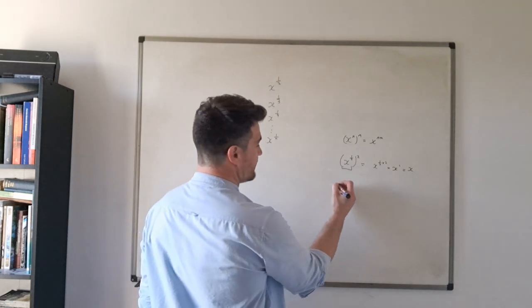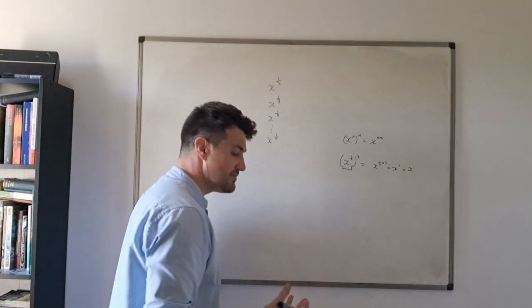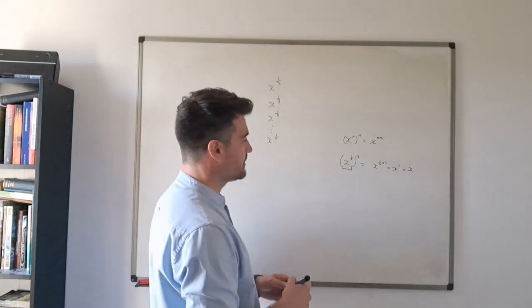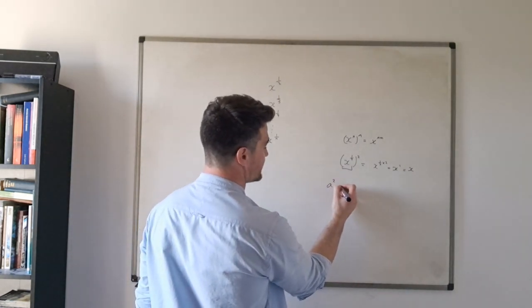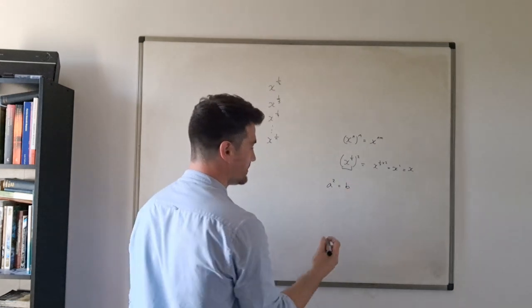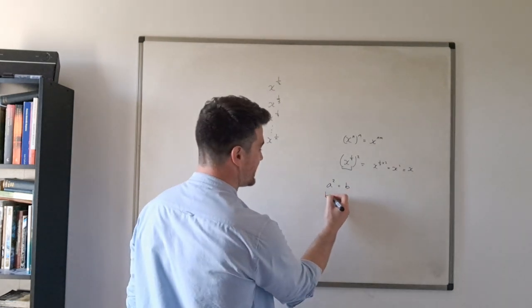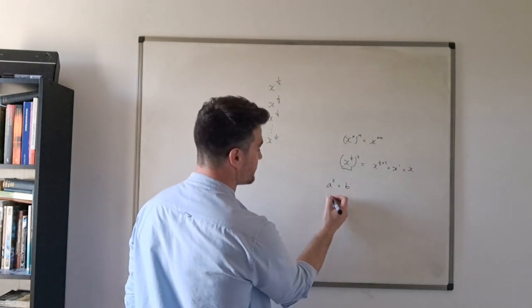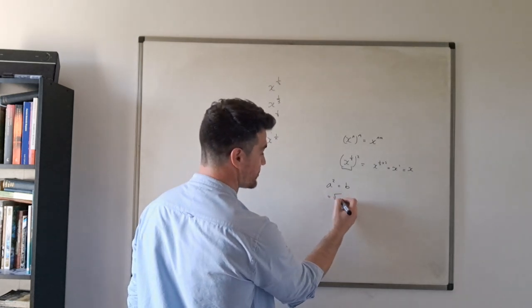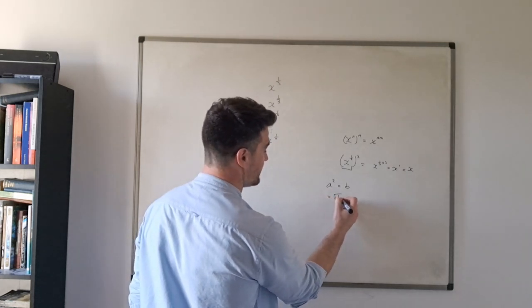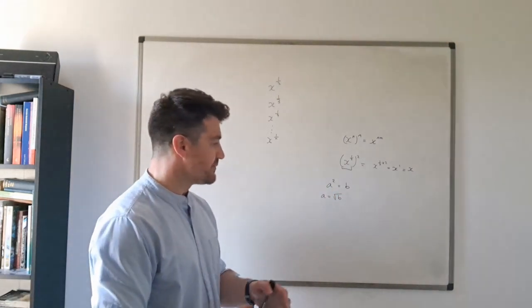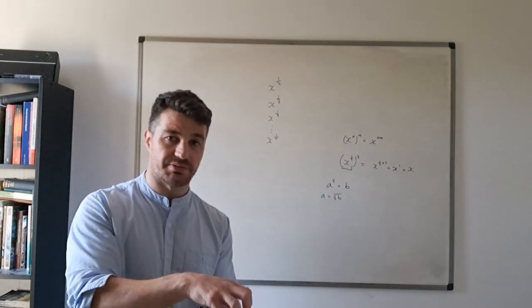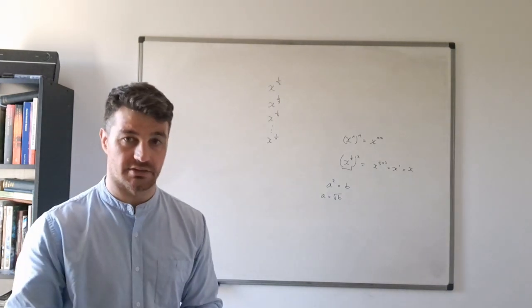Why so? Because what do we mean by, well, if we've got a number a squared equals b, then that means that a is equal to, by definition, the square root of b. The square root of b is that number which, when multiplied by itself, is equal to b.